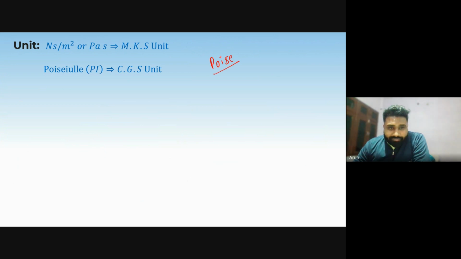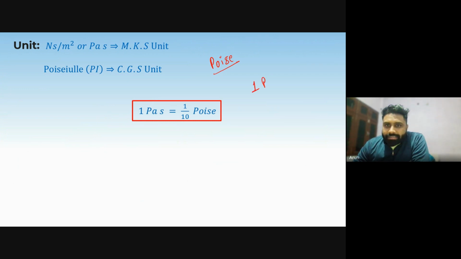So 1 Pascal second or 1 Newton second per meter square is equal to 1 by 10 of poise. So you can say that 1 poise is equal to 10 Newton second per meter square, or 1 poise is also equal to 10 Pascal second.